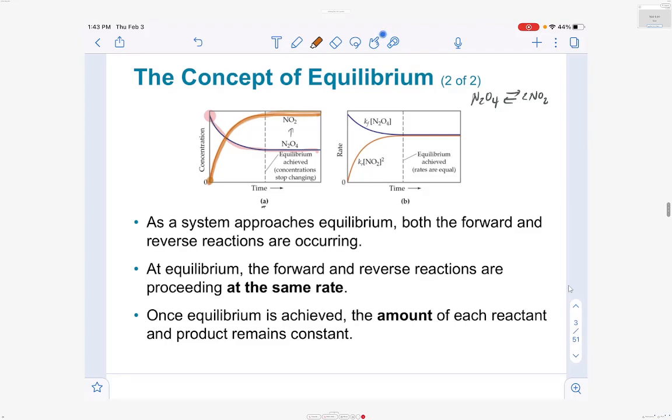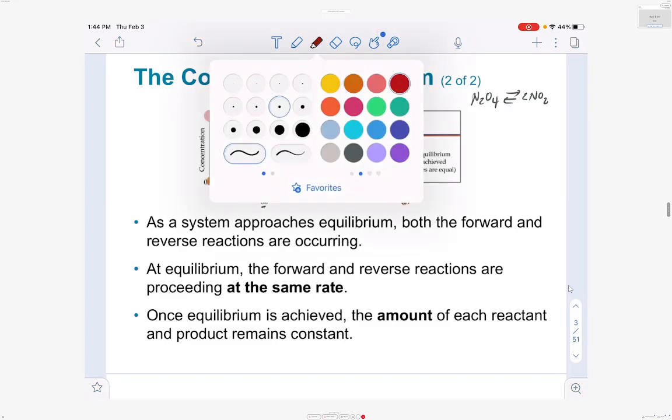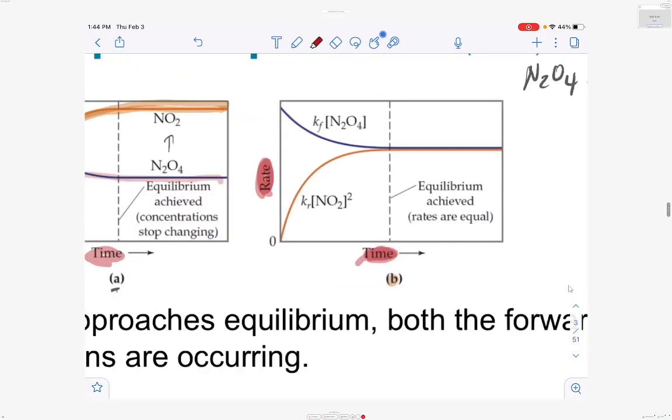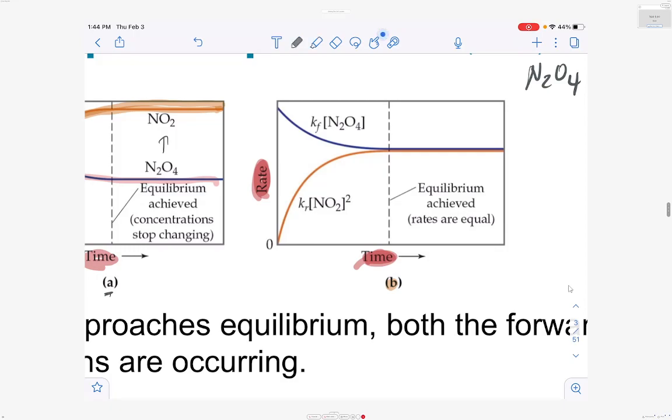Diagram B is showing the reaction rate over time. The previous one was concentration over time, but this is showing rate over time. F here indicates forward reaction. R here indicates reverse reaction.